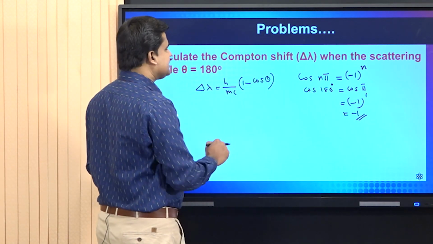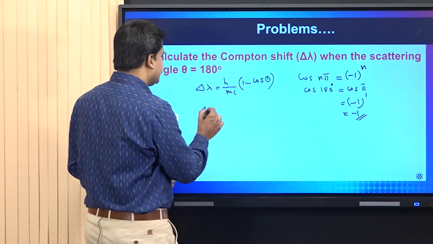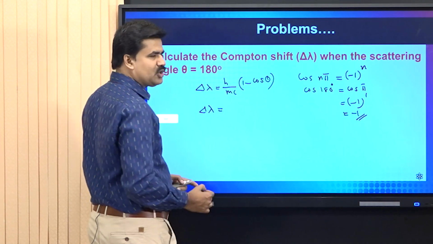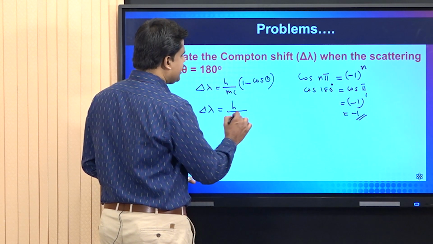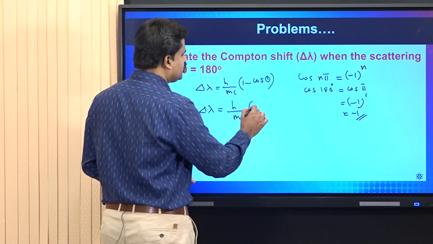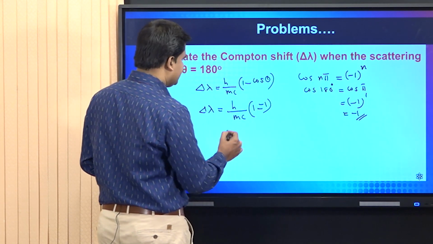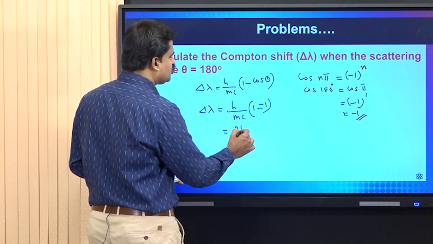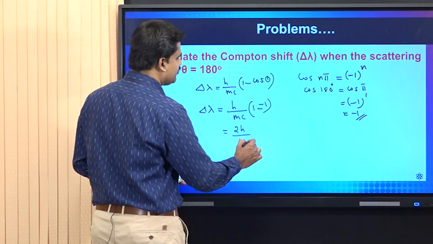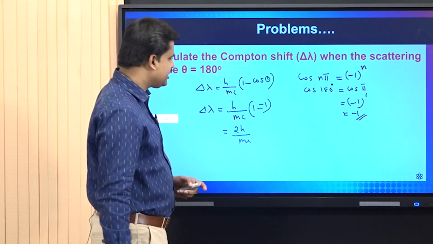Substituting the value of cos theta here, we will get delta lambda equal to h by mc into 1 minus minus 1. The result is 2h by mc.